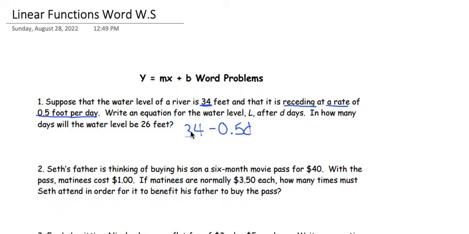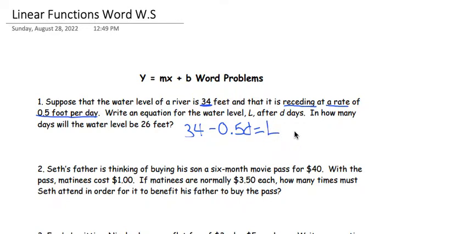So this is going to be 34 minus 0.5 d. The reason why this is negative is because the water is receding. That means that the water level is going down or decreasing, which is represented by the minus sign. 34 minus 0.5 d equals the water level L.